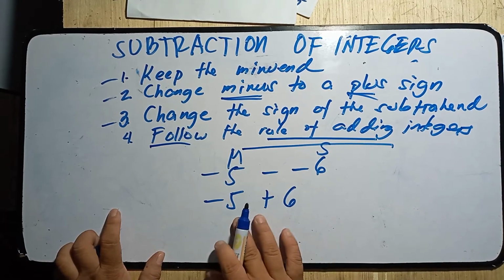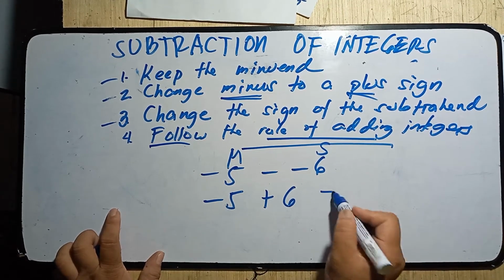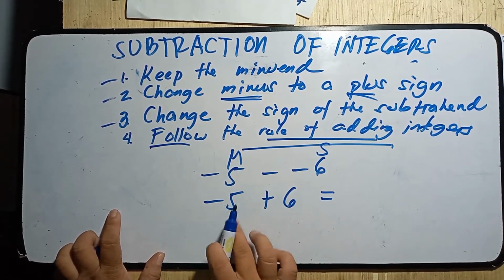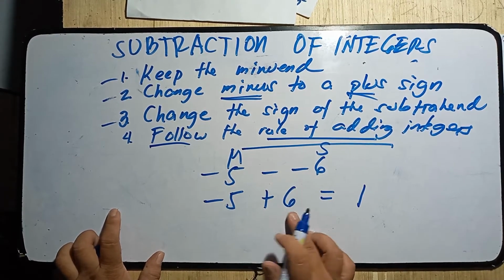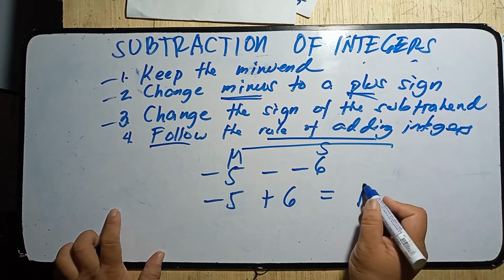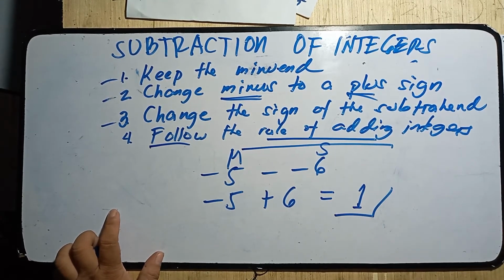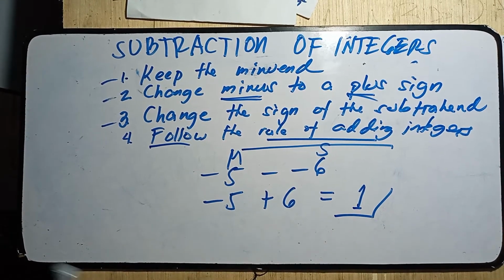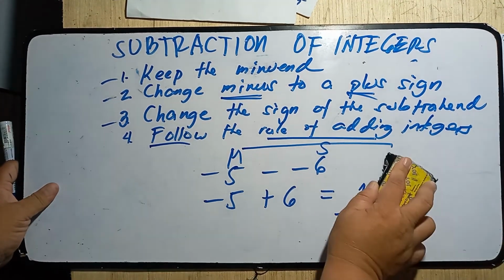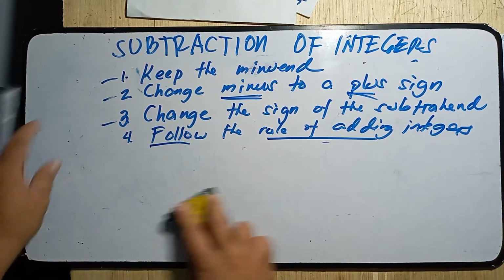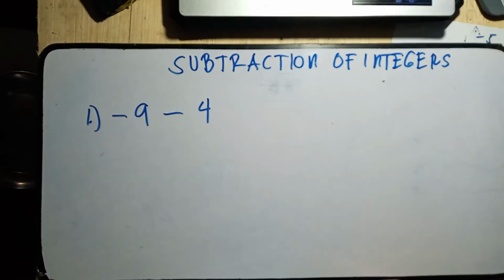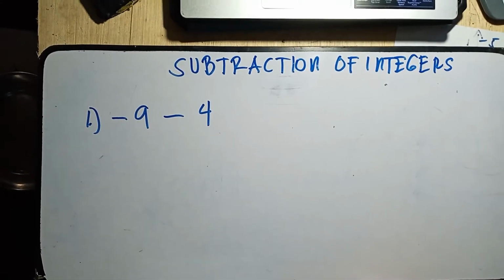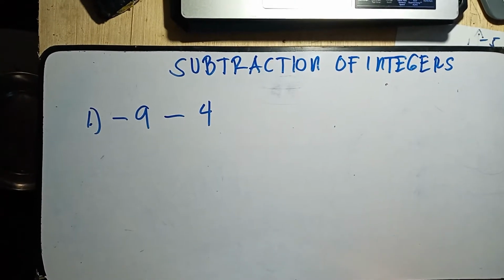When they have different signs, subtract their absolute values, 6 minus 5. Then, get the sign of the number with bigger absolute value. So, that is positive 1. So, that's it. It's like addition. Keep, change, change.